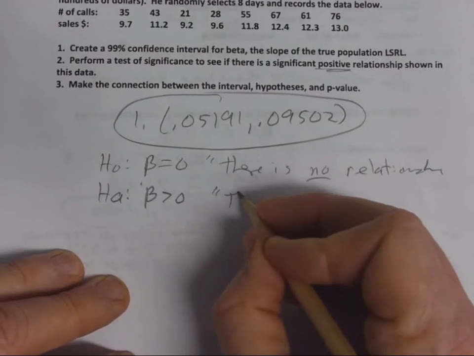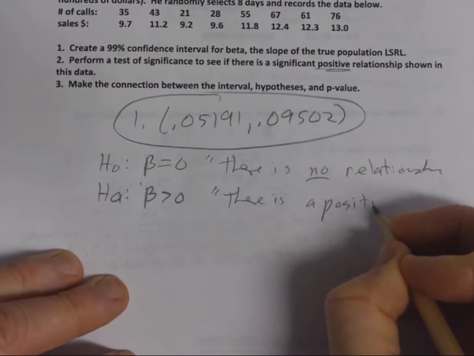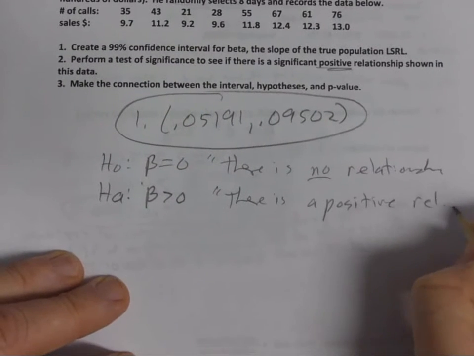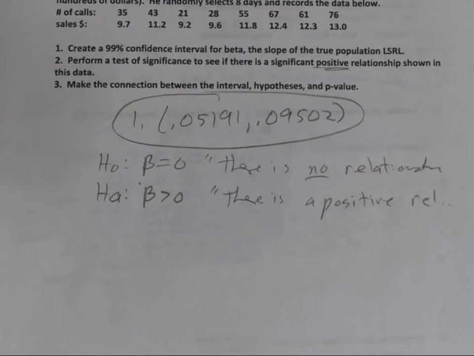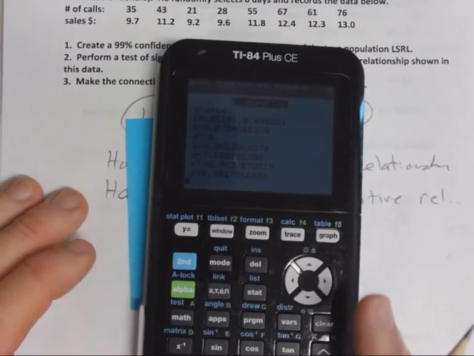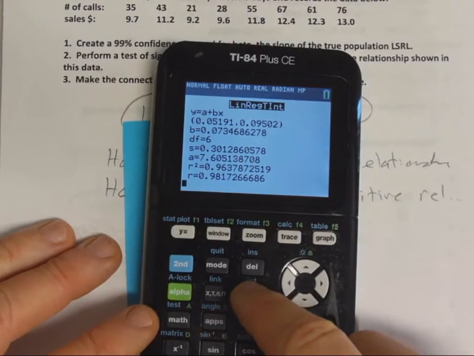So the alternative there is a positive relationship between number of calls and sales. And of course you'd have the same LINER acronym that's really involved, and I apologize for that, but I didn't make it up.